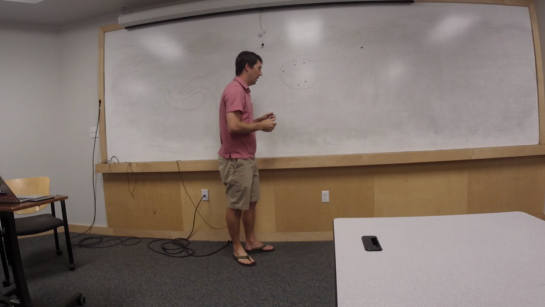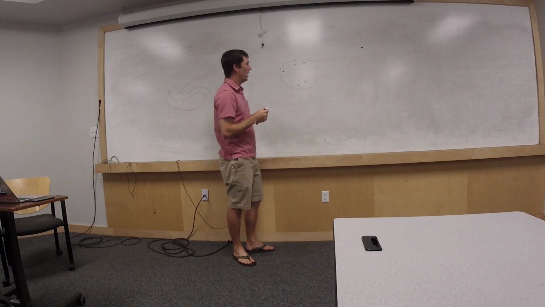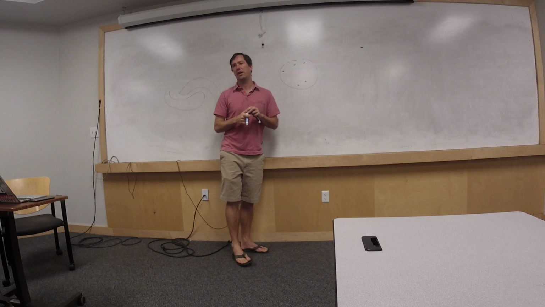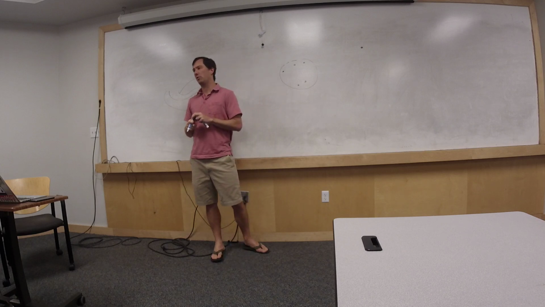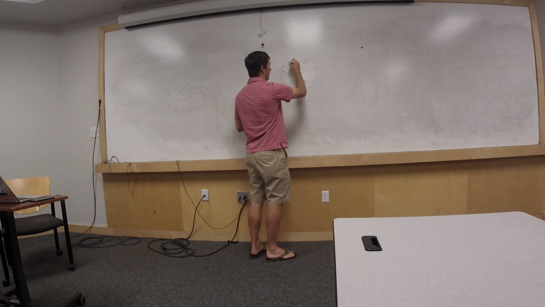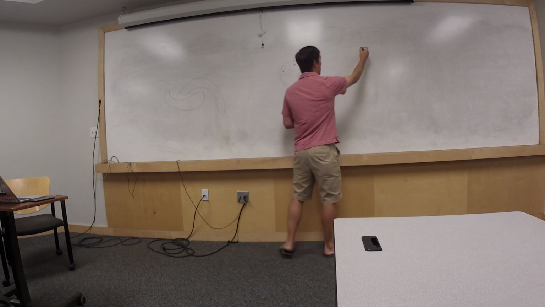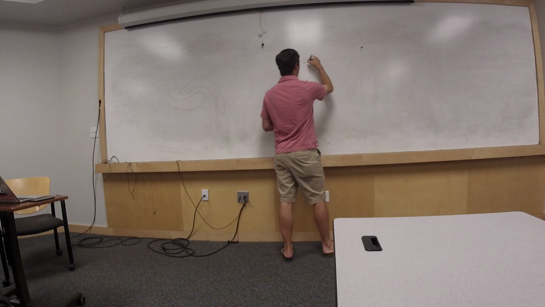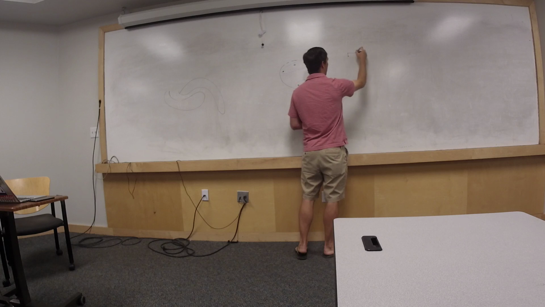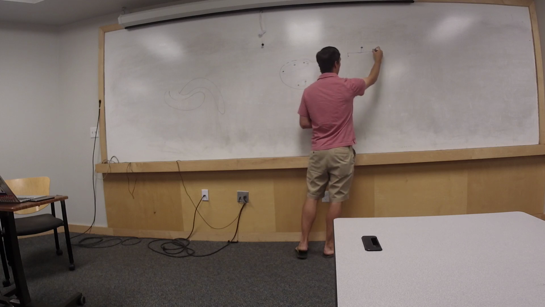Okay. And then I'm going to split this recursively until I get to 1 particle per cluster. Okay. So I might split it like this. So I'll call this L. And this R.